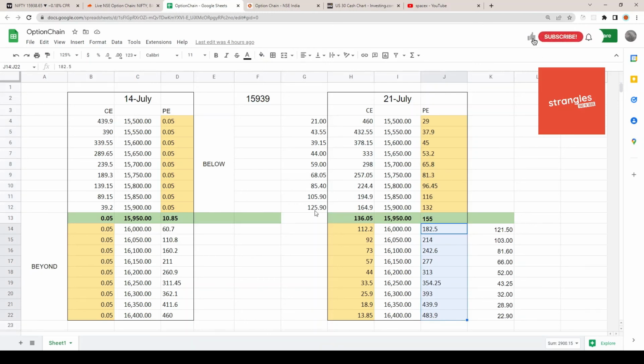And I've told you how to calculate the time value associated with it. Another conclusion we drew from it is that the time value is maximum at the at the money strikes. The time value associated with the rest of the strikes decreases the moment they go away from the spot.